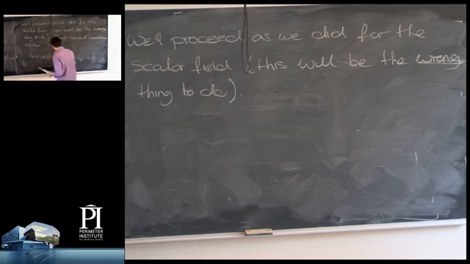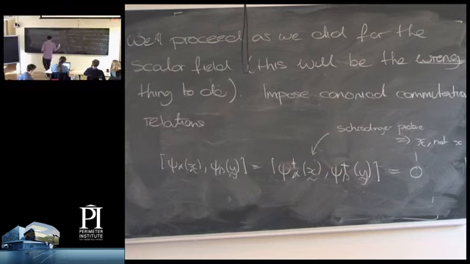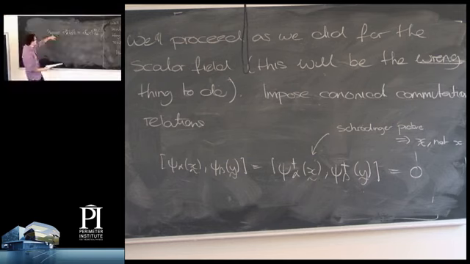All of these are three-vectors, and they're three-vectors because we're in the Schrödinger picture. You could have these spinor indices up or down.